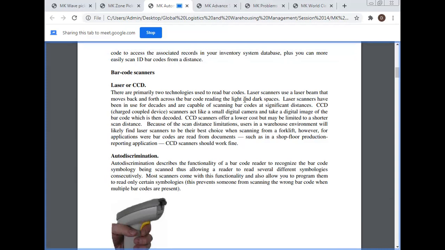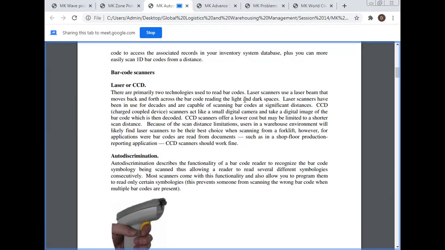Laser scanners have been used for decades and are capable of scanning barcodes at a significant distance. CCD, charge-coupled device scanners, act like a small digital camera and take a digital image of the barcode, which is then decoded. CCD scanners offer a lower cost but may be limited to a shorter scan distance.